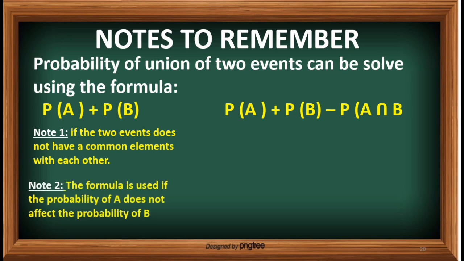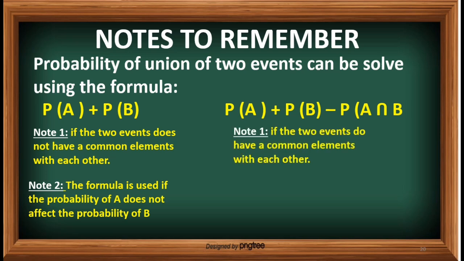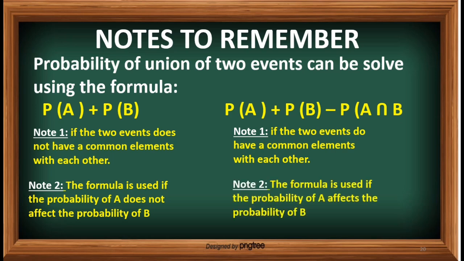Note number 2, the formula is used if the probability of A does not affect the probability of B. For the probability of A plus the probability of B minus the probability of A intersection B, we will use this if the two events do have common elements with each other, and if the probability of A affects the probability of B.